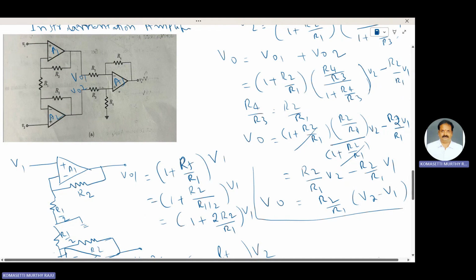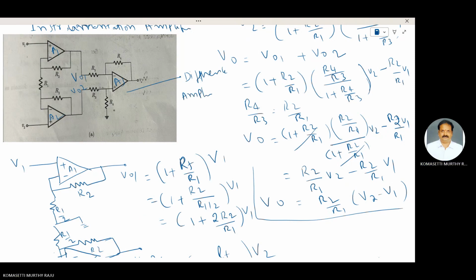These two are obtained. A3 is a difference amplifier, or subtractor circuit. The ratio R4 by R3 and R4 by R3 is equal. Here V2 in the subtractor circuit is connected to the positive terminal, and V02 is connected to the positive terminal.